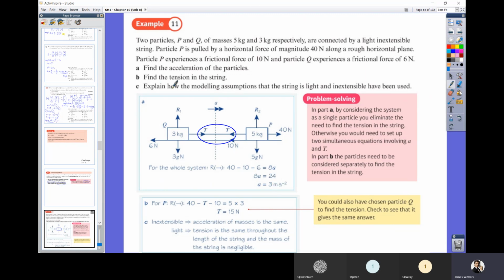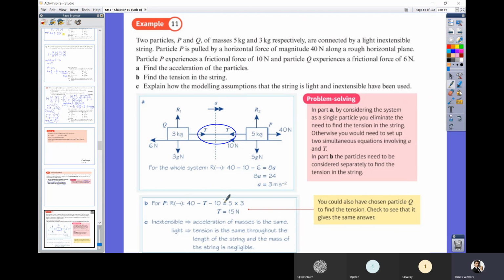And then for part B, find the tension in the string. Now you've got a choice here. You could look at P in isolation or Q in isolation. They've chosen to do P. So we're looking at P in isolation. Again, we're doing F equals MA. I would suggest you write F equals MA as your starting point. For P in isolation, our forces are a positive 40, take away the tension, take away the 10.